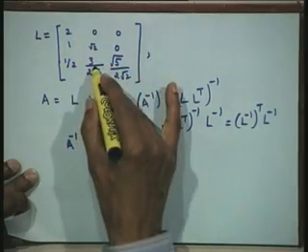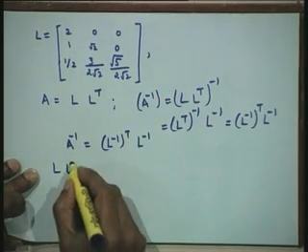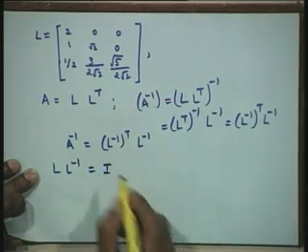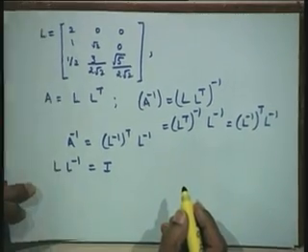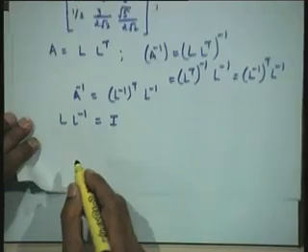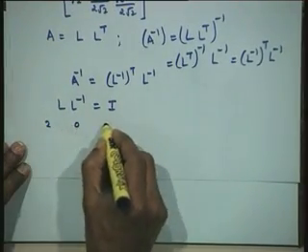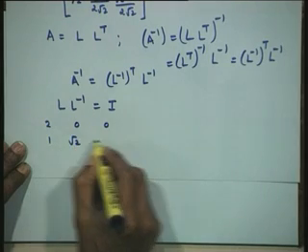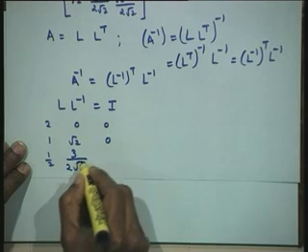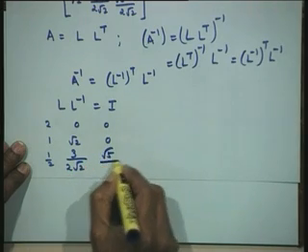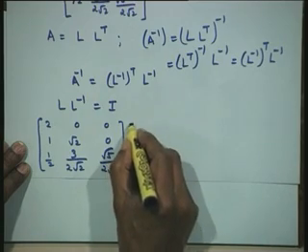So L is lower triangular, therefore its inverse is also lower triangular. Therefore I will use the idea that L and L inverse product must be equal to the identity matrix. That means let us write down our L and L inverse. So we will have here 2 0 0, 1 root 2 0, 1 by 2, 3 by 2 root 2, root 5 by 2 root 2, into L inverse.